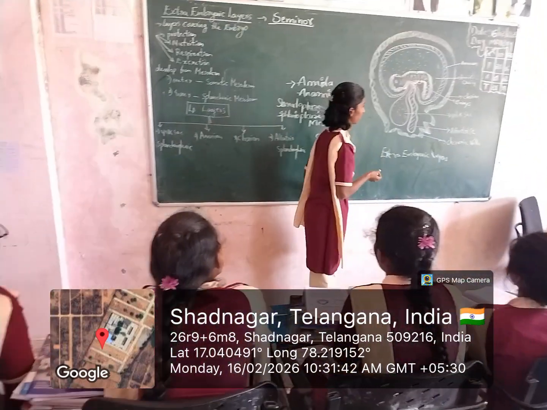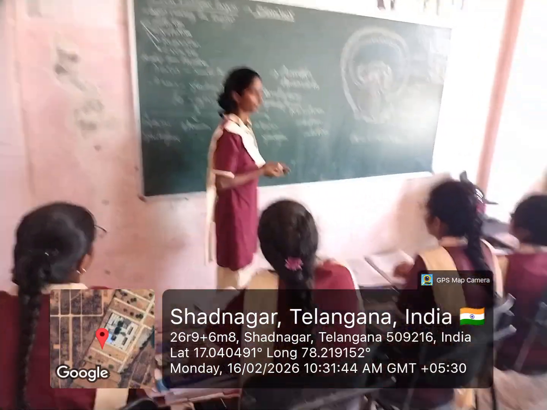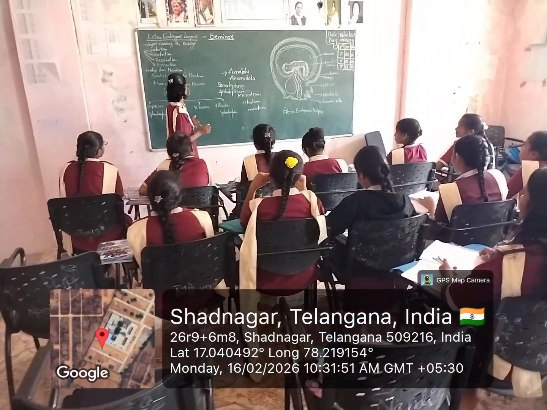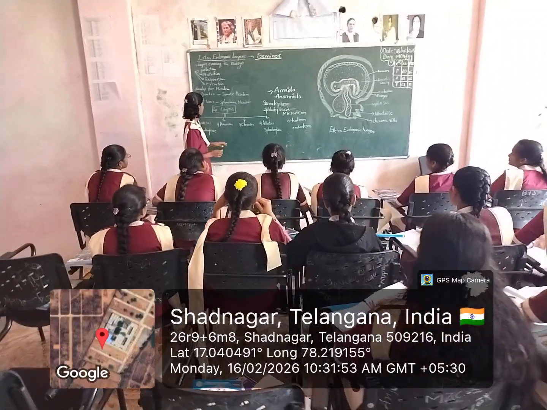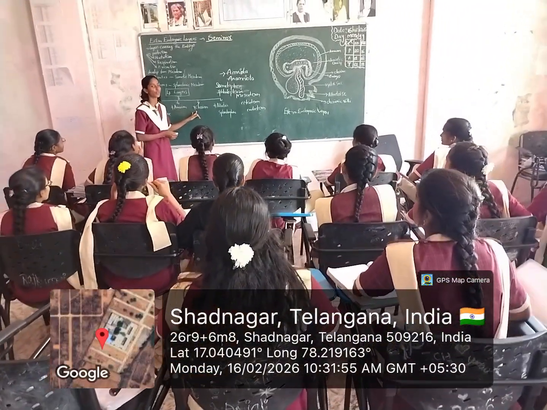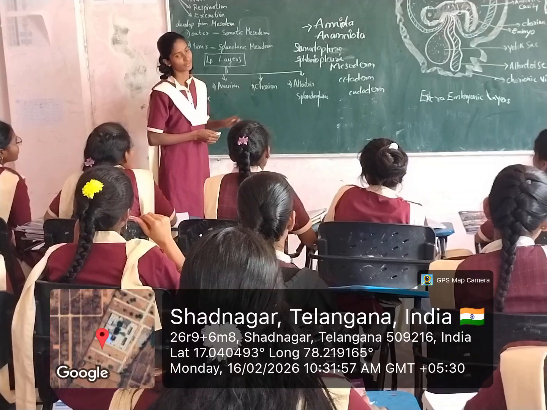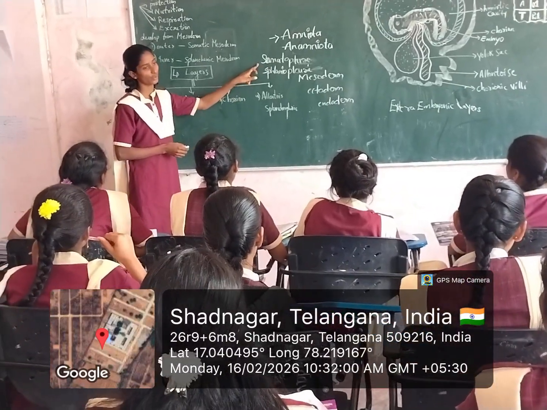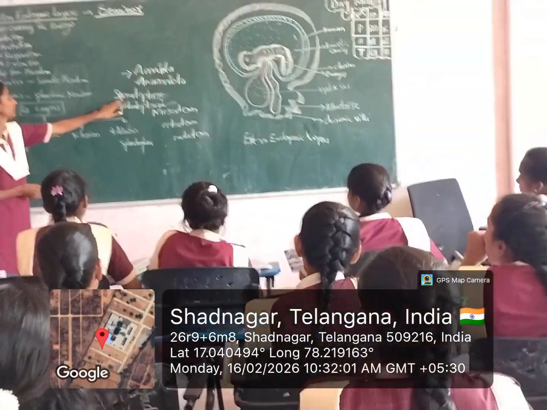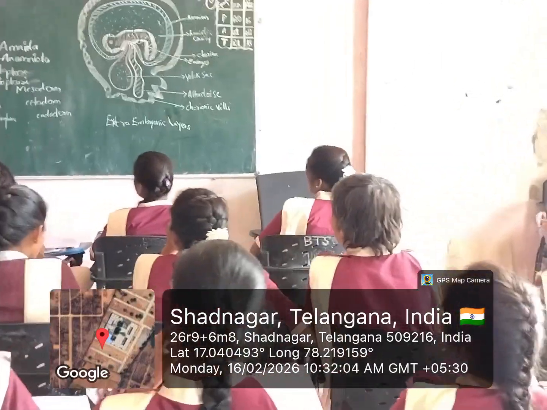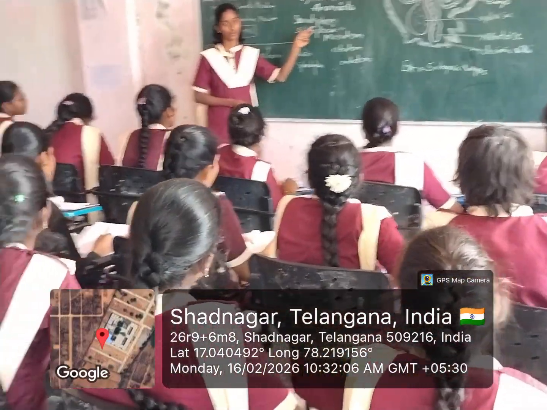Okay? Any doubts? Amnion and chorion are formed from which layer? Somatopleure, that is, somatic mesoderm underlying ectoderm is called somatopleure. Okay?